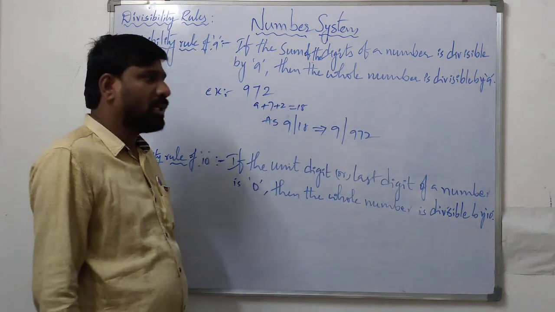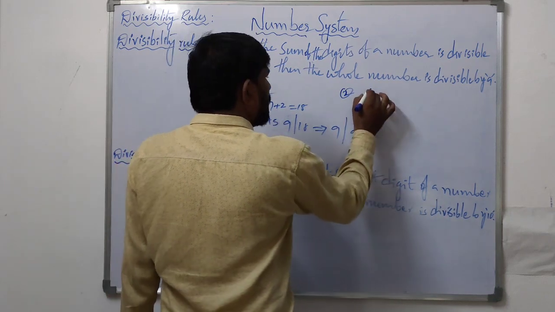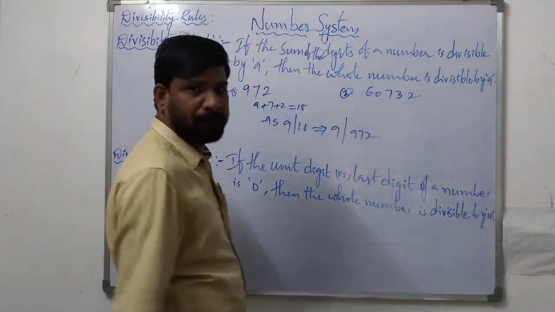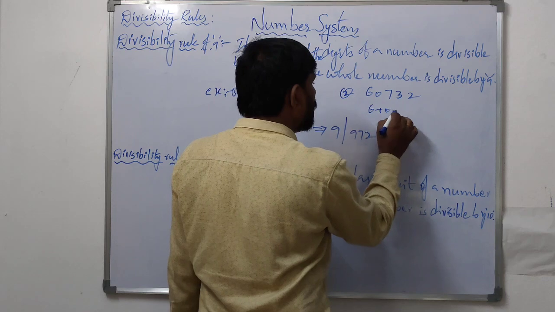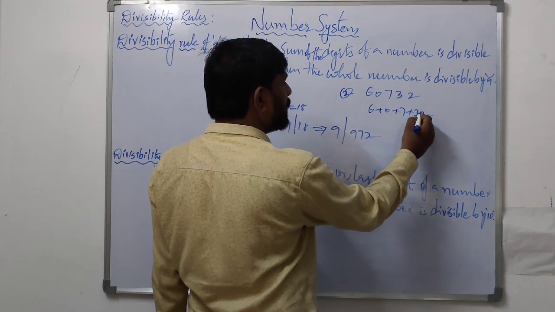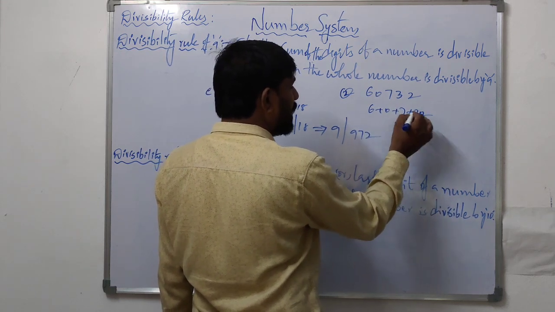Is this clear? Second example, let us take 60732. Will it be divisible by 9 or not? That means 6 plus 0 plus 7 plus 3 plus 2. How much do you get? 6, 9, 12, 18. Again, we have got 18.